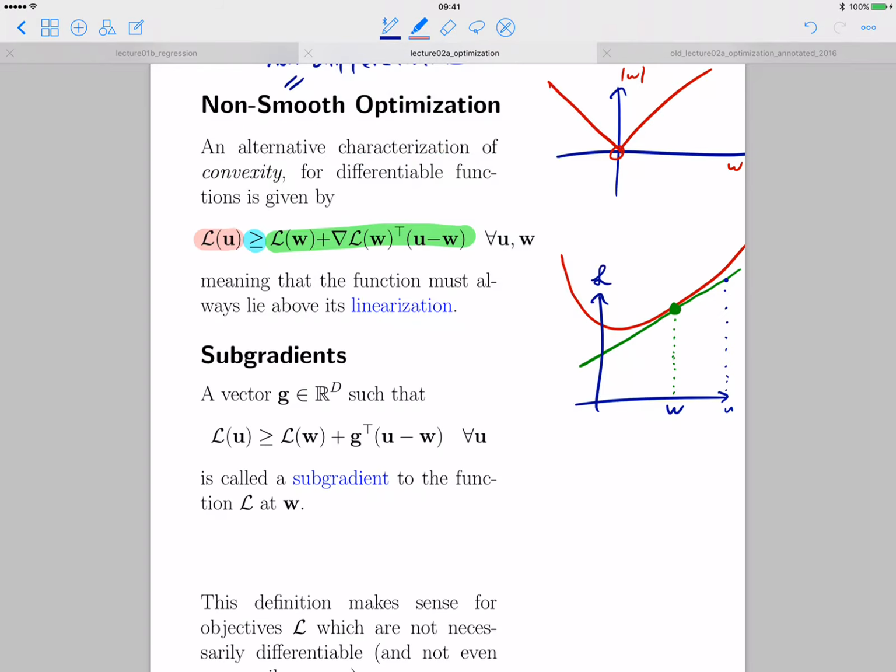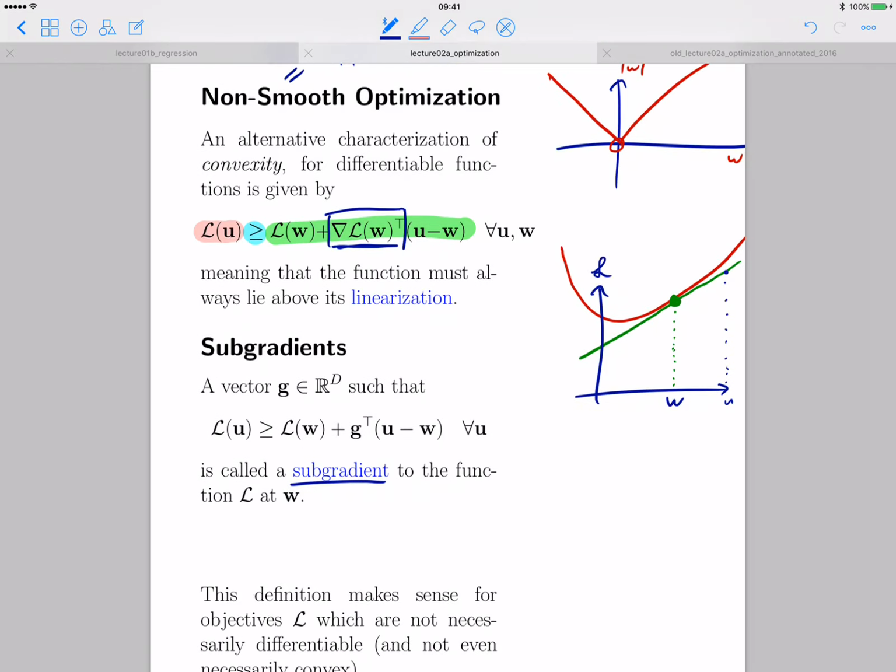That's nice, but now what if we don't have the gradient? If it's not completely differentiable, if this vector is a problem, then we can still define a subgradient. It's a vector like the one we had before, just defined differently, but also having the same property: that the function is above it.